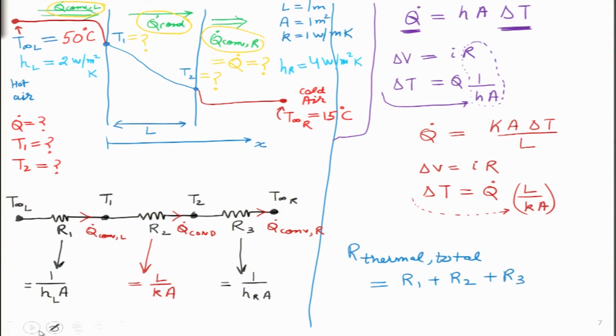So, due to lack of space, I will move to the next slide. So, I was saying R total is equal to R1 plus R2 plus R3, right? And let me write down the expression for these three resistances.